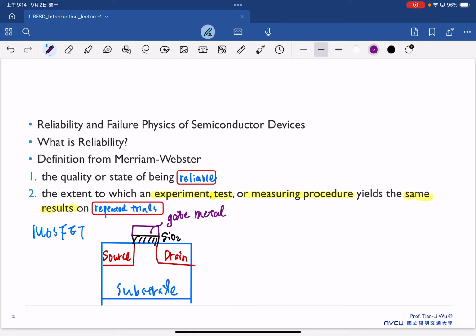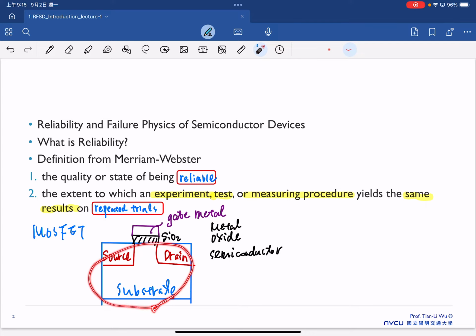So if you look from the top to the bottom, this device consists of metal on the top, the second part is the oxide, and the third one is a semiconductor. So this region is a semiconductor. If you look from the top to the bottom, it's called the metal oxide semiconductor.